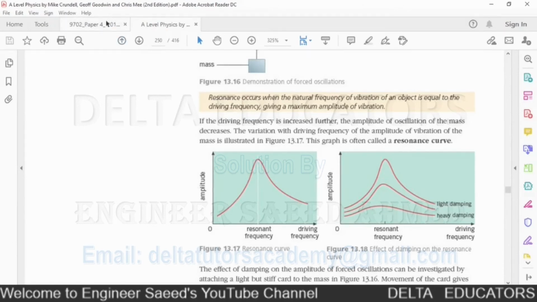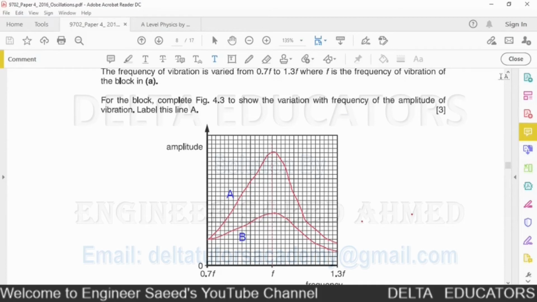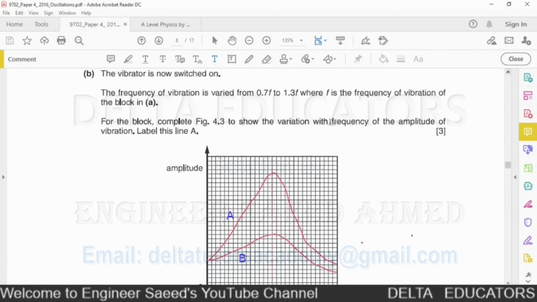So here in our question it is given that the frequency of vibration is varied from 0.7 F to 1.3 F. So when we start from 0.7 F and move up to frequency F, its amplitude will be increased. At this point, its frequency will be equal to natural frequency, it will be equal to F. Now with further increase in frequency from F, what will happen? The amplitude will not increase, it will start to decrease.